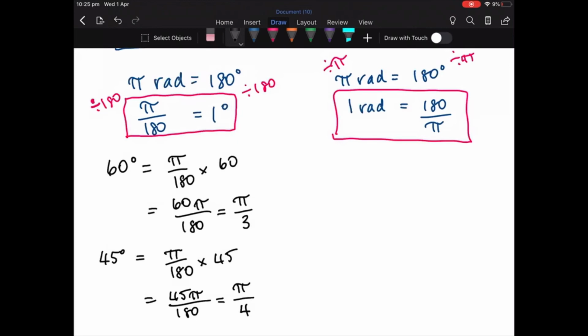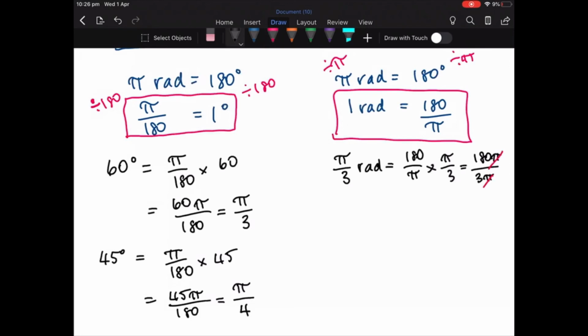Now, radians. If I've got pi over 3 radians, how many degrees is that? Well, if 1 radian is 180 over pi, then pi over 3 radians would be 180 over pi times pi over 3, which gives us 180 pi over 3 pi.